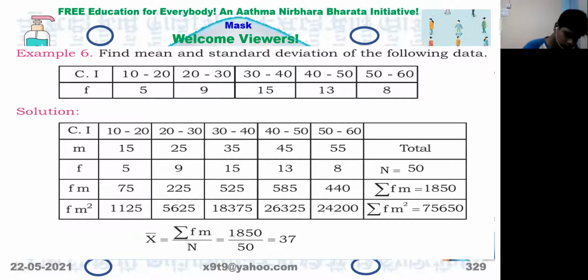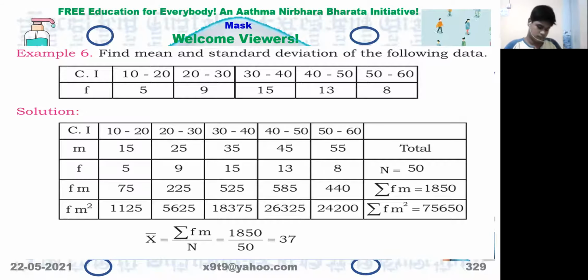You write the class intervals: 10 to 20, next 20 to 30, 30 to 40, 40 to 50, 50 to 60. So frequency is how many times values come in each class. That will be 5, 9, 15, 13, 8.